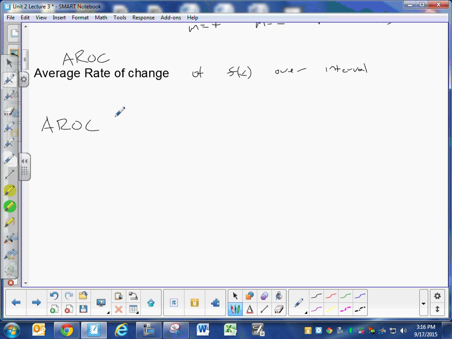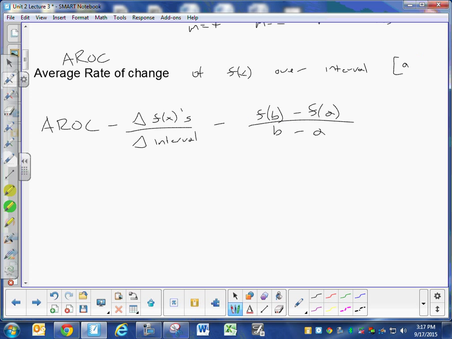The average rate of change of a function is the change in your function values over the change in your interval. What's the change in function values? It's just the difference of two function values if your interval is from, say, a to b. This is the formula for the average rate of change of a function. It's the same exact formula for the slope.